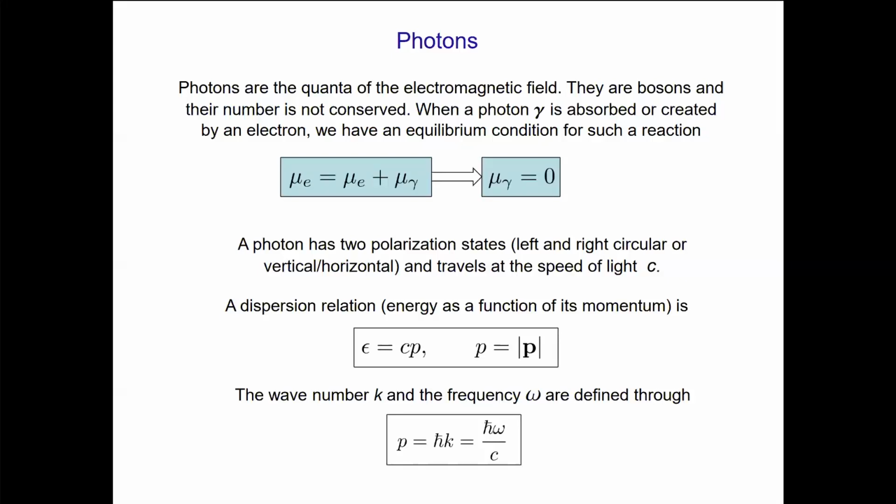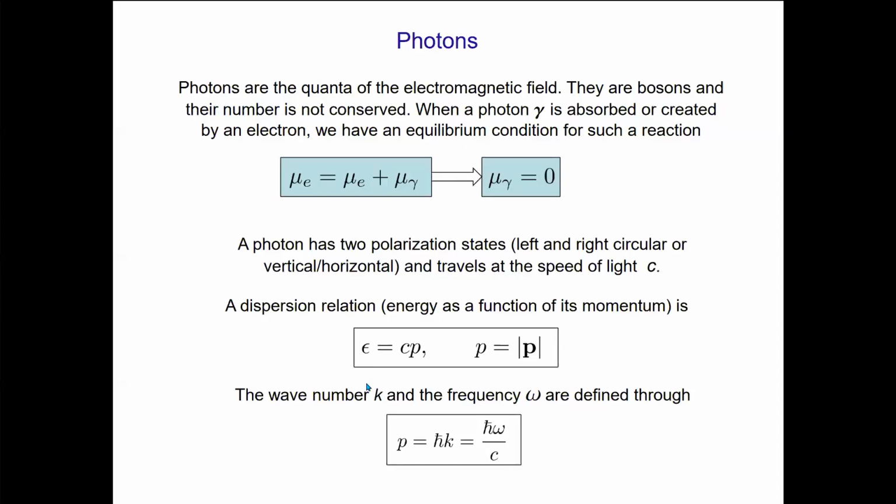The dispersion relation, which is the energy as a function of momentum for a photon, is simply given by this expression, and we already saw this in one of the tutorials. It's a linear function of p, not quadratic.